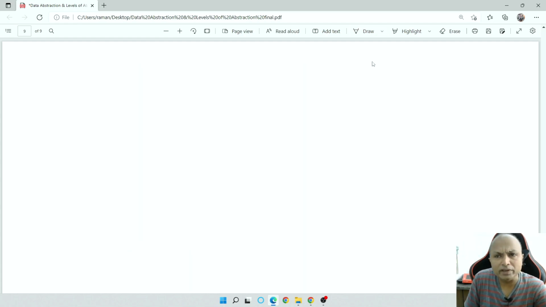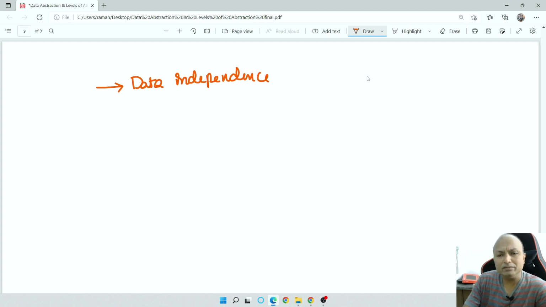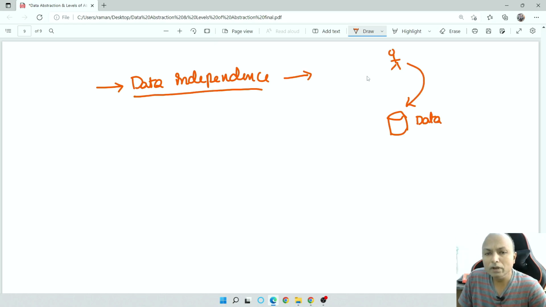The purpose of these three levels of abstraction is to achieve data independence. That's why we are learning the architecture of these three levels of abstraction. For what? To achieve data independence. This data independence will allow the user to access the data, but the users are not allowed to interact with the data directly.